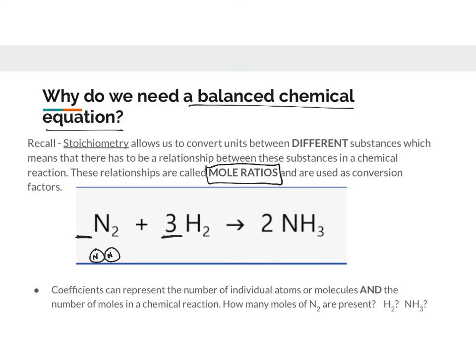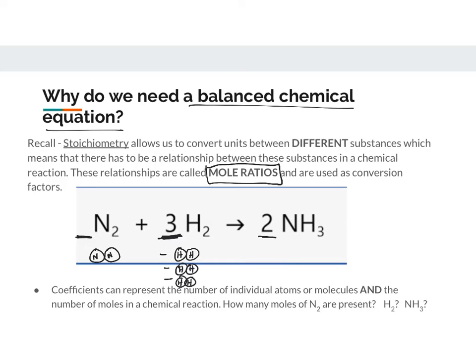All right, my coefficient for H2 is going to be 3. So I have 3 molecules of H2. So here's my 1 H2, here's another one, and here is my third one. So this 3 pertained to 3 molecules of H2. And then my 2 coefficient for NH3 was saying that I had 2 molecules of NH3.